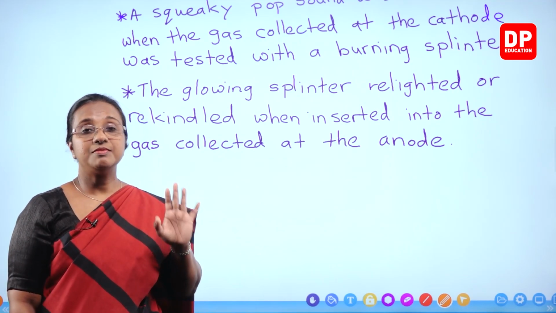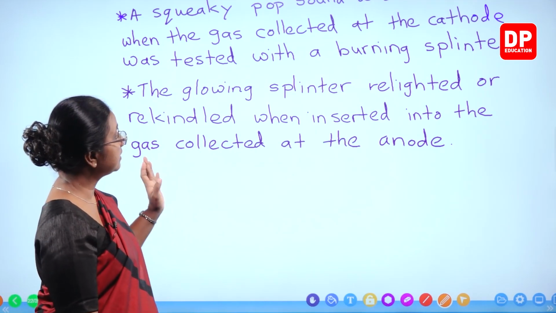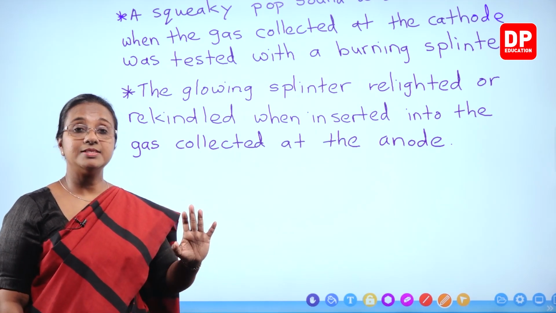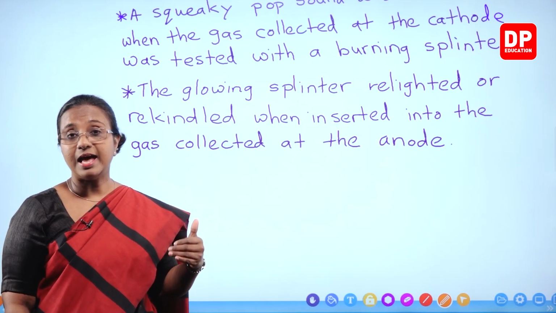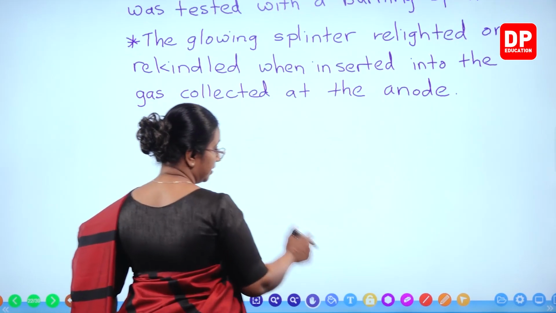From this, we were able to conclude that the gas evolved at the cathode is hydrogen and the gas evolved at the anode is oxygen. So I will write that also here.